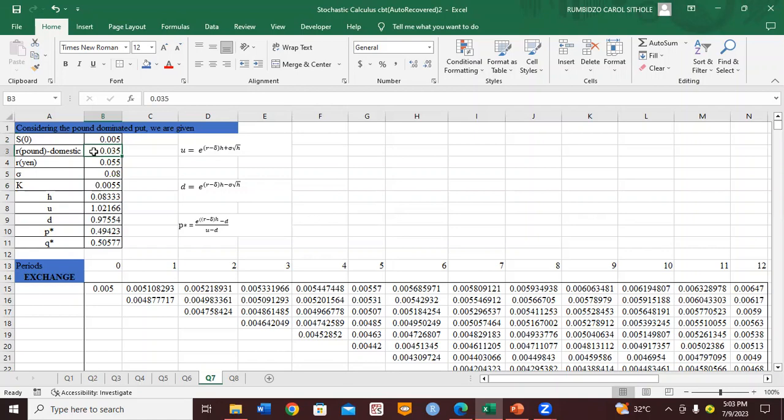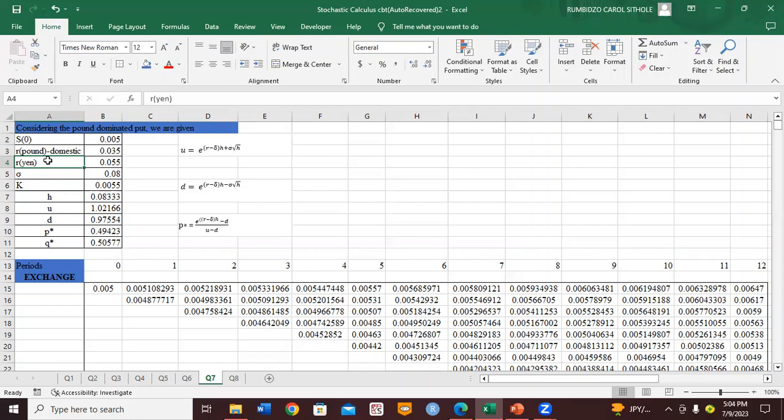The risk-free rate for the pound is going to be her domestic rate because she's in London. And the yen is going to be the foreign rate, because she's going to receive the yen from the Japanese company and the company is in London.